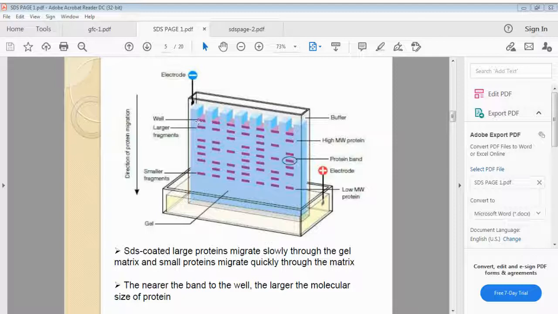Protein is a highly complex structure which is folded in the form of a round globular shape. When beta mercaptoethanol goes and binds to the cysteine molecules, the disulfide bridges will be broken. So what are disulfide bridges? Disulfide bridges are used to connect the proteins, whether intrapeptide or interpeptide linkages, by forming disulfide bridges between two cysteine molecules.